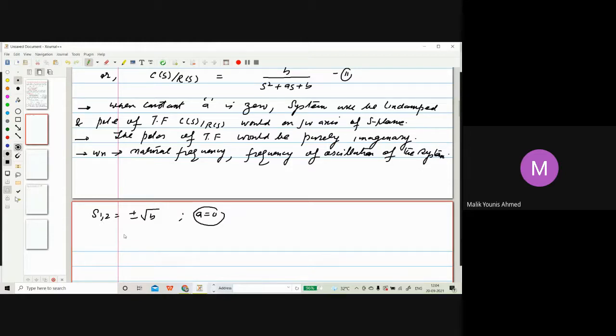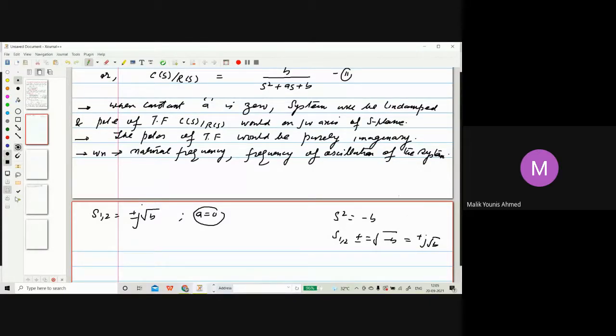Because this is on the imaginary axis, s square will be equal to minus b, then s will have two roots, plus minus under root of minus b, that is plus minus j under root of b.